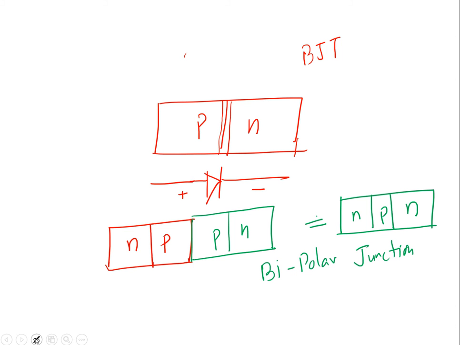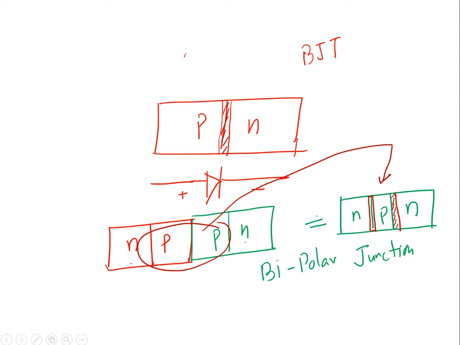So we get one junction here, and another junction between this p and n, and another junction between this n and p. Basically I combine these two p and represent them using only one p-type material.